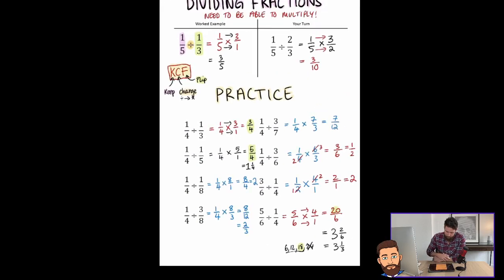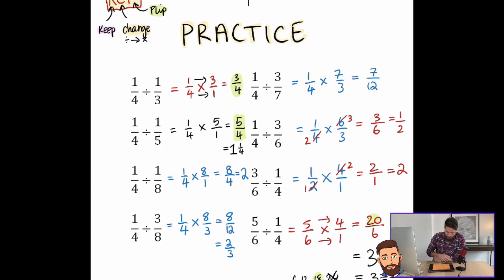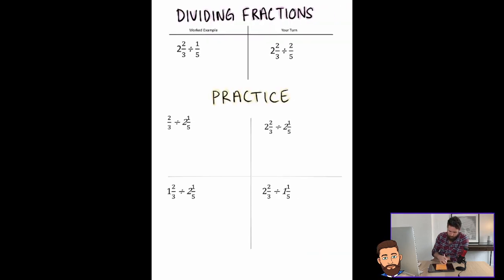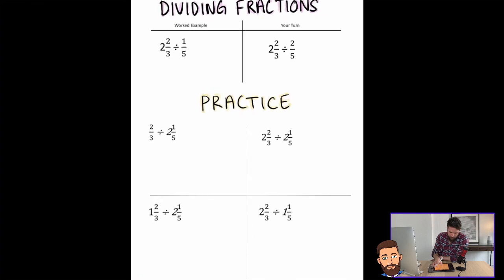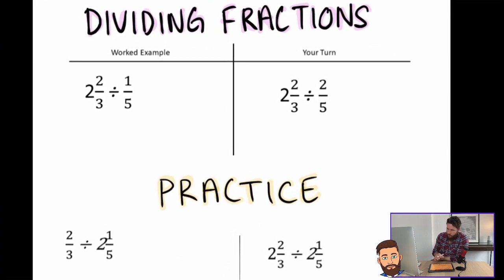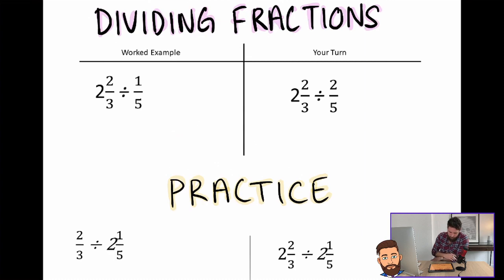Okay, so hopefully you got those answers, or you followed along. To finish, we will look at dividing fractions with mixed numbers.